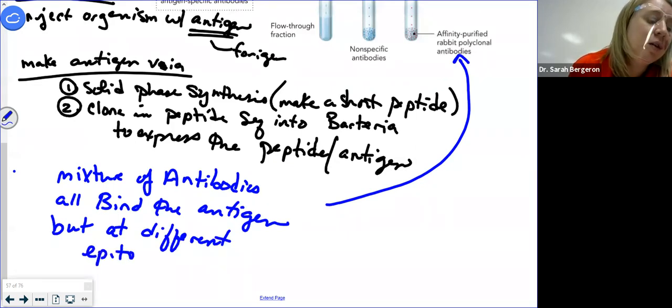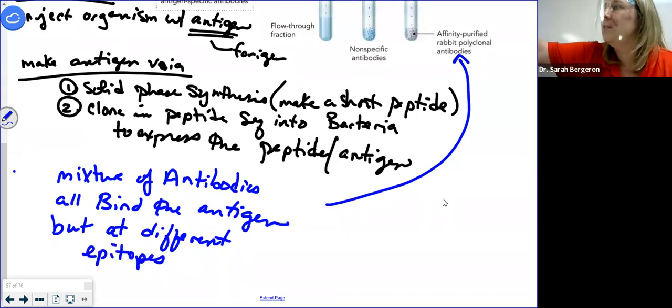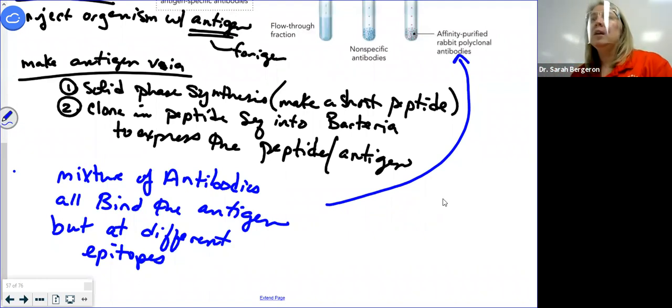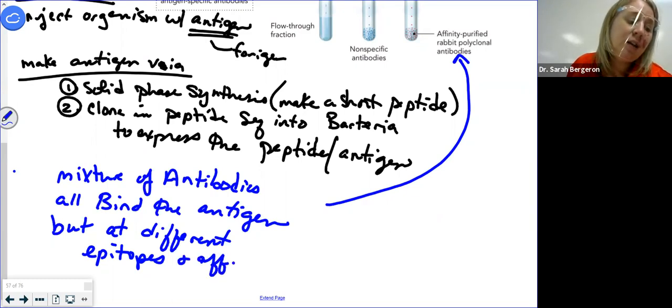Epitopes. And I heard somebody else say levels. That's true as well, because they can bind at the same place, but some can have higher affinity than others. So you can have different epitopes and different affinities.